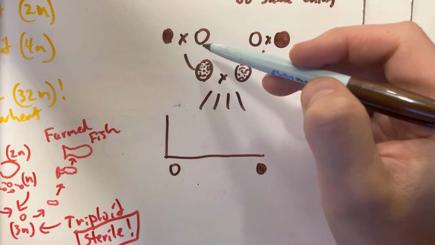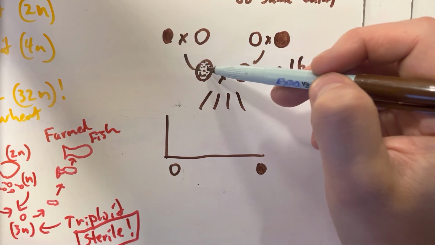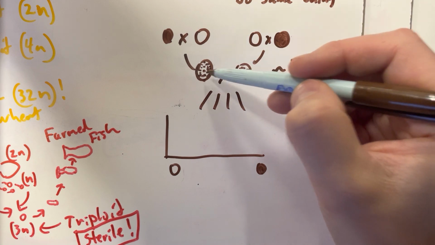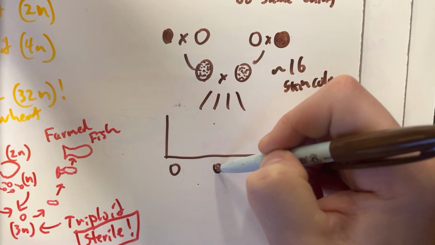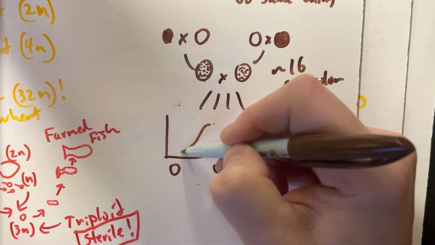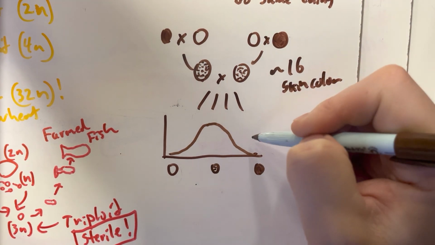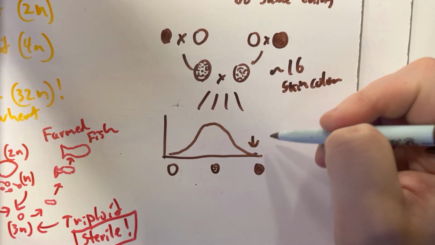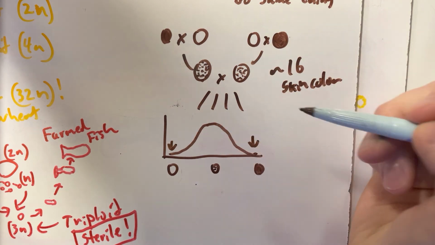So they're carrying a whole bunch of alleles for dark skin, and a whole bunch of alleles for light skin. On average, you'd expect most of them to come out kind of in between. So it's this bell curve. But it's possible to have a really rare chance of having a really dark skinned child, or a really rare chance of having a light skinned child.